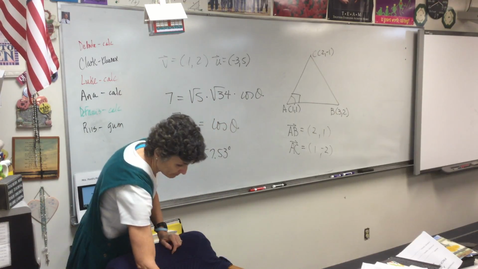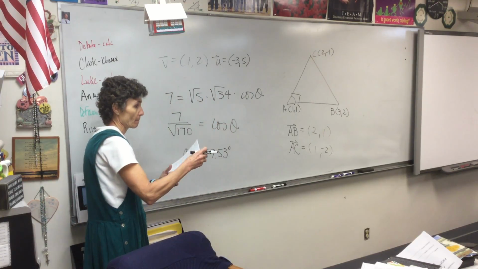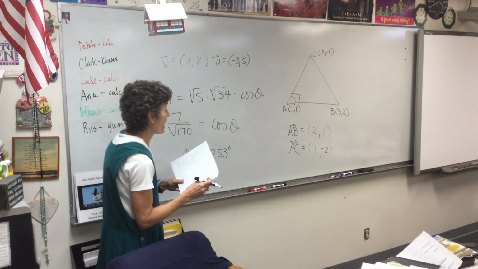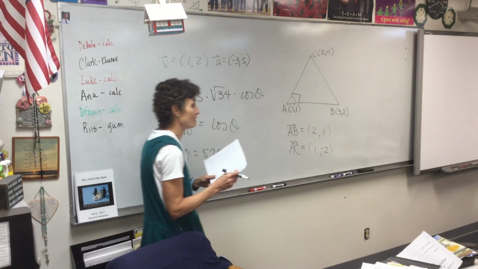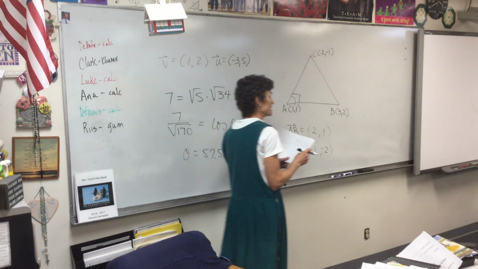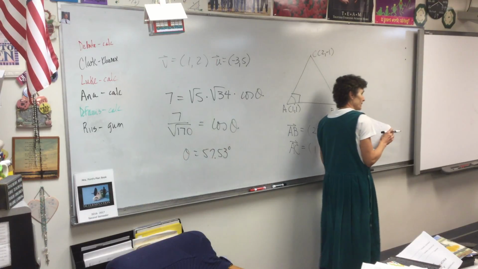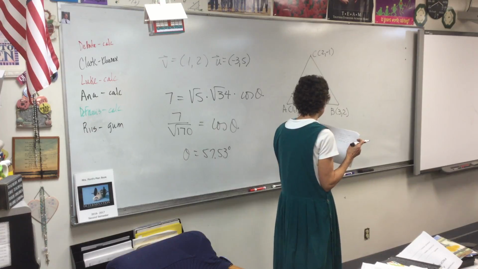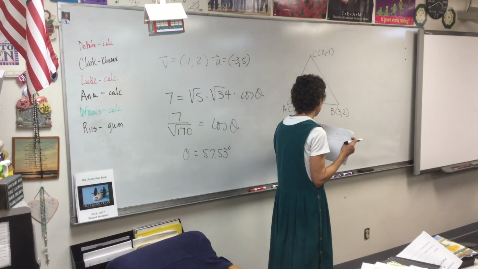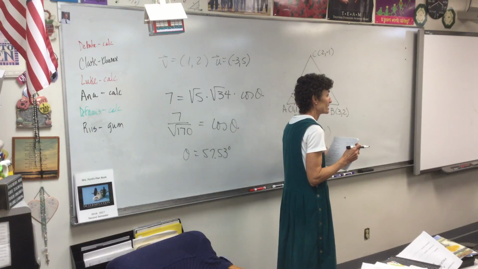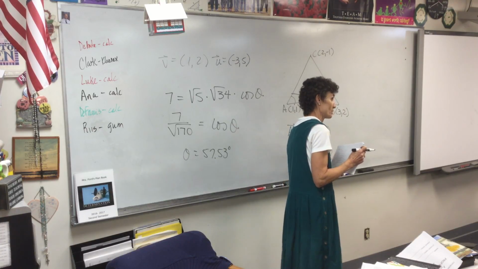Could you just look at it and say that is perpendicular? Not the way I drew it, but if you plotted those points, you probably could. You need to have some math, though. Usually just eyeballing isn't sufficient. I knew immediately when I wrote these down that I was going to get 90 degrees, because the slopes are negative reciprocals.